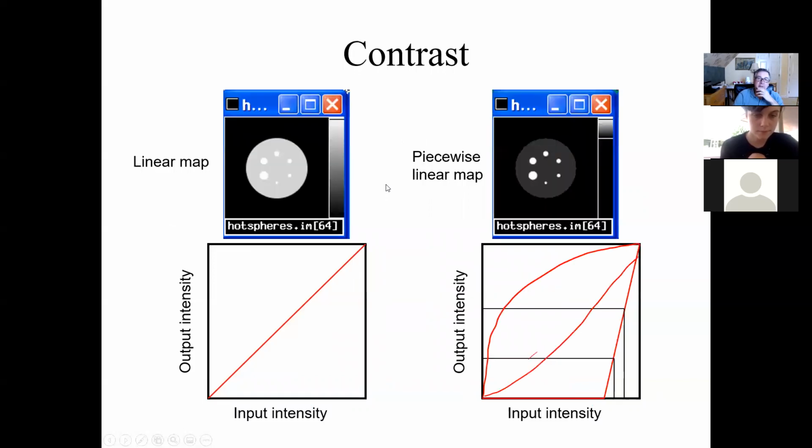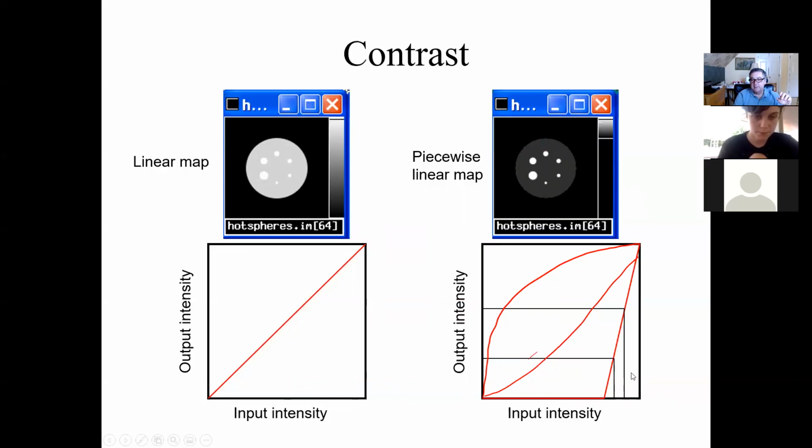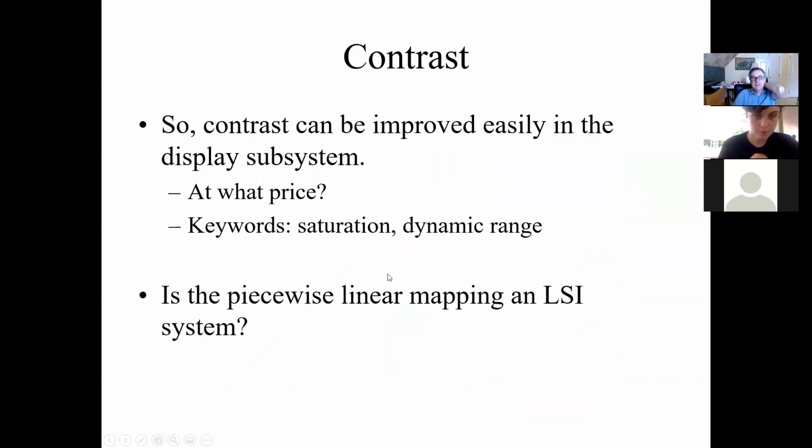As a result, you might have two image values that are relatively close together, but you can expand the contrast between those by manipulating this. The price you pay, of course, is that you saturate other things. In the piecewise linear case, we've saturated to black all of these things in order to bring out contrast between those intensities. That's the price you pay, but it's not a very big price because, again, you can change it in an instant.